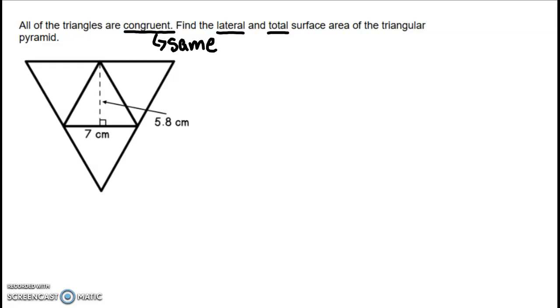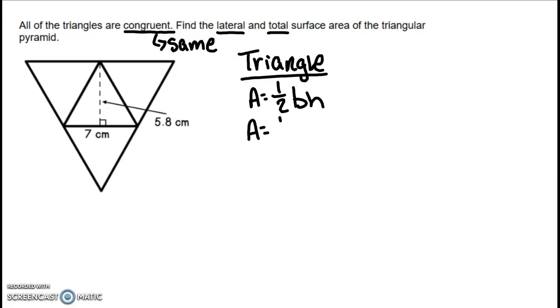So I take my formula for area of a triangle. So area equals 1/2 base times height. Looking at this triangle, the base is 7 and the height is 5.8. On this one, neither one of those are super easy to cut in half.